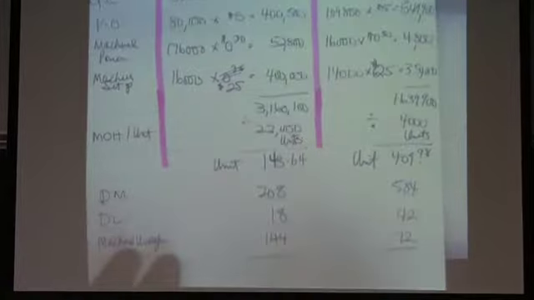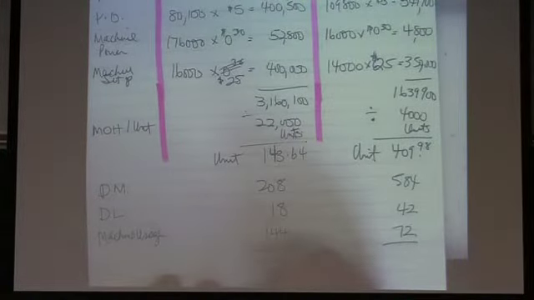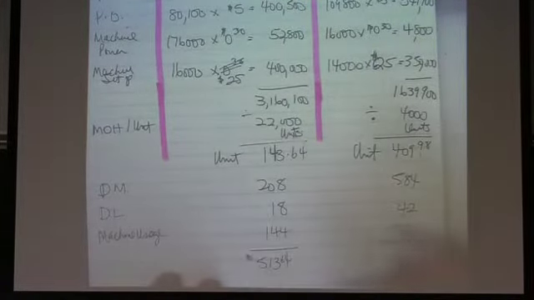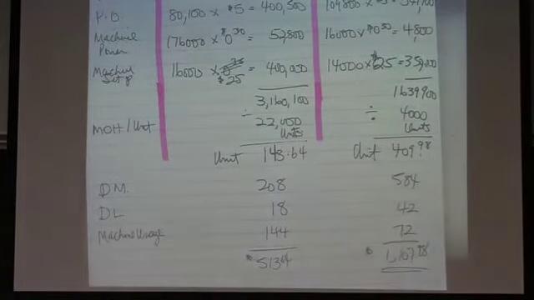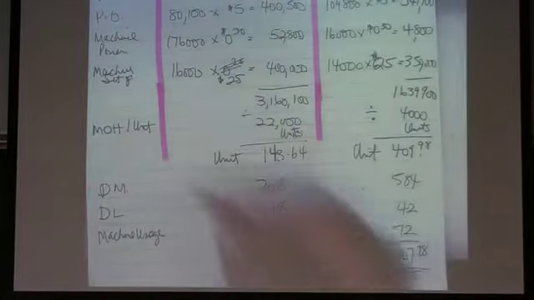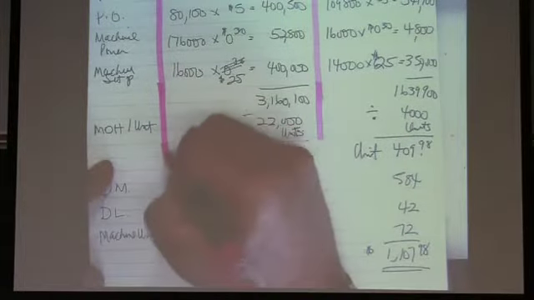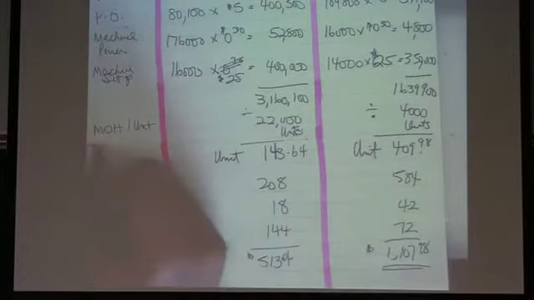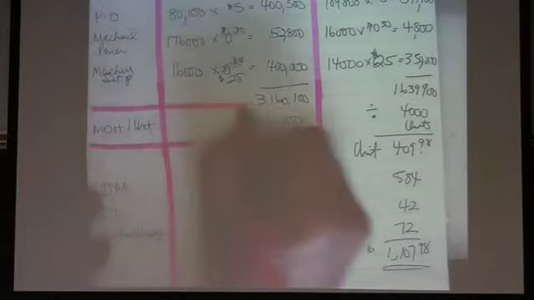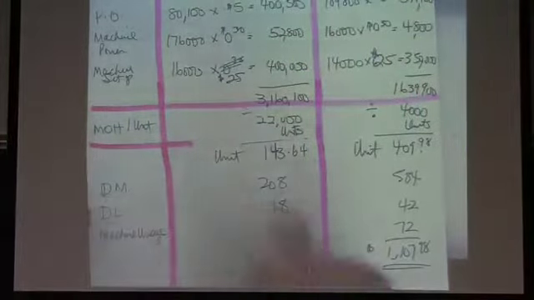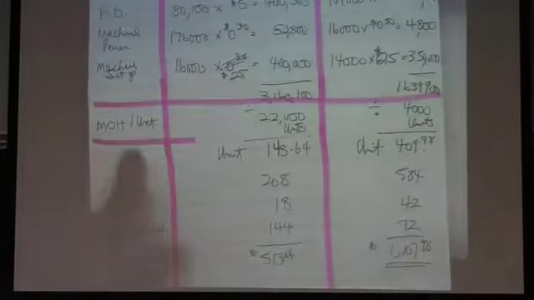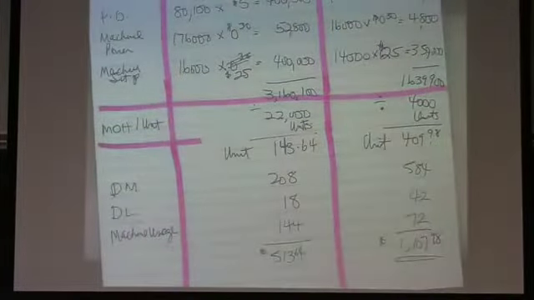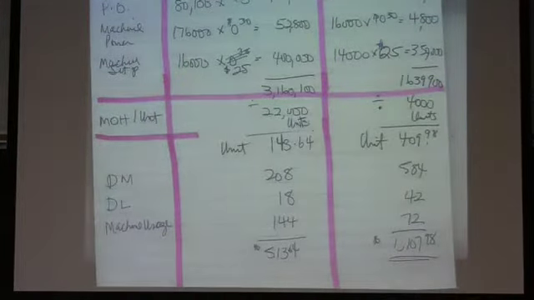That gives me 513 and 1,107.98. Okay, so let me just fix up this so that's the piece of manufacturing overhead, and now we've got the MOH per unit. So you'll see that that's the cost, right? This is the total cost.